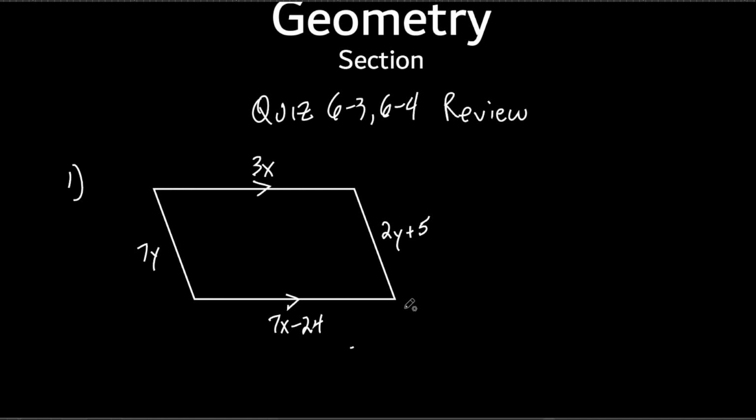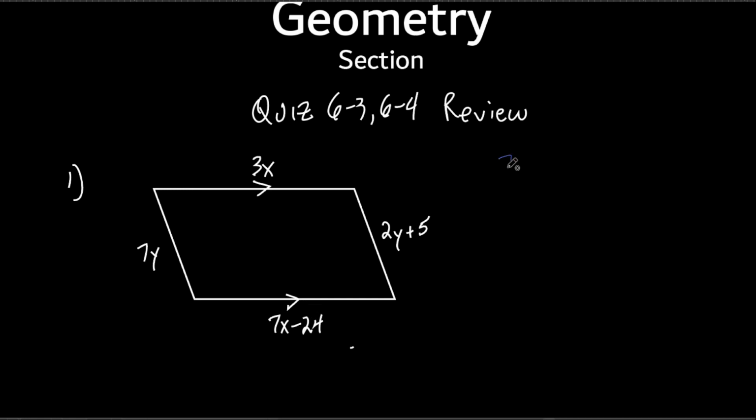If they said it was a parallelogram to begin with and then solve for x and y, you're doing the same exact math. They just word the problem a little bit differently. So let's set them equal to each other.